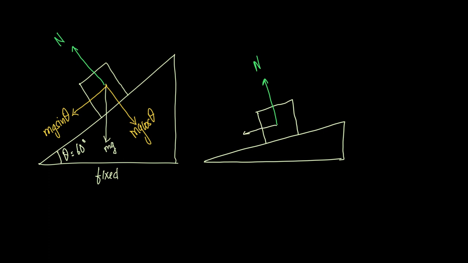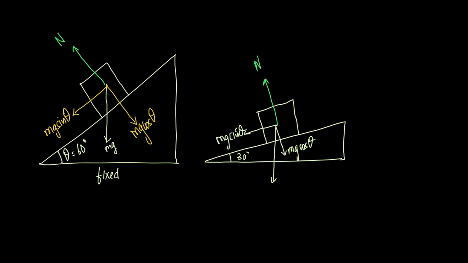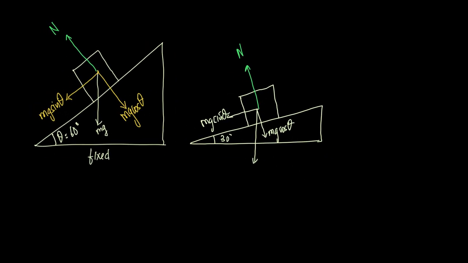Weight is acting downwards. The cos theta component here is mg cos theta. This is mg sine theta, right? So maybe theta is 30 degrees. Let me try to even reduce theta, so maybe like this, a small inclination.